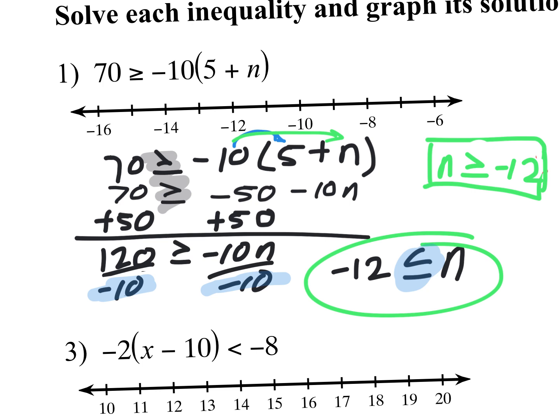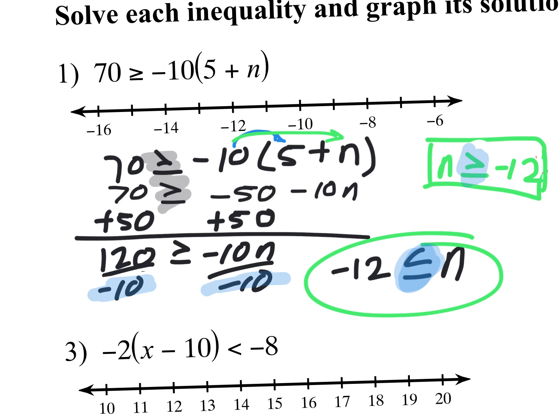You basically had to do a double flip. You had to remember to flip it because you divided by a negative number. And then when you put the variable first, you've got to make sure the inequality is facing the right direction. Since the variable was being eaten by the alligator here, when you type it into the answer box, you need to make sure the alligator is still eating the variable there.